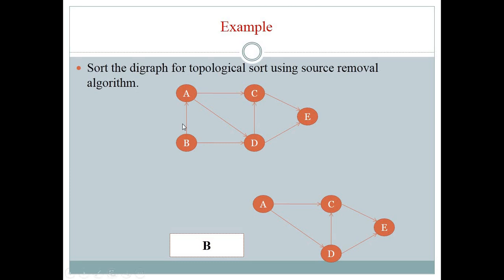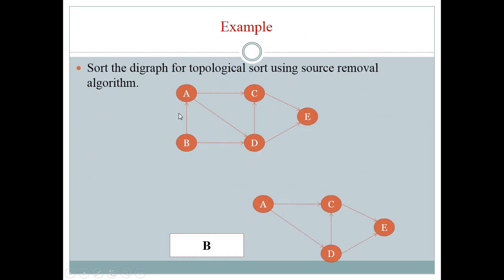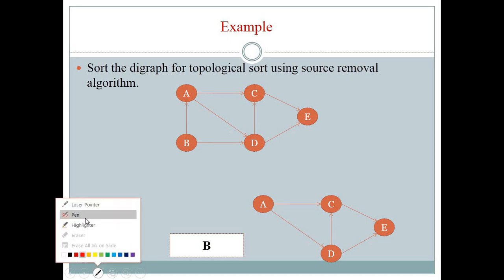So this method says we have to find all the out degrees. With all the edges outgoing from it, if there is more than one such vertex, break the tie randomly. Here are out degrees from B, out degrees from A, out degrees from D, and out degrees from C, and no out degrees from E. Okay, so let's write in degrees of all the nodes.